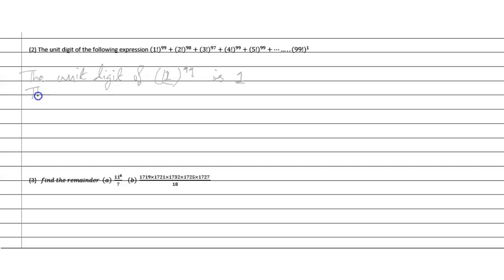The unit digit of 2 factorial to the power 98 is 4.